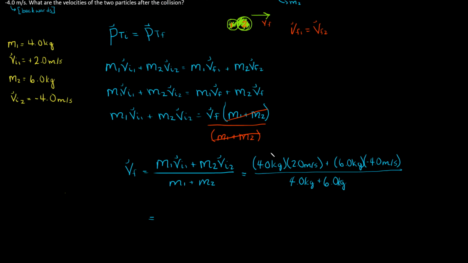Okay. Which gives us 4 times 2 is a positive 8 kilogram times meters per second minus, right, we're going to get a negative here. So 6 times 4 gives me negative 24 kilograms times meters per second, all over that combined mass of 4 plus 6 is 10.